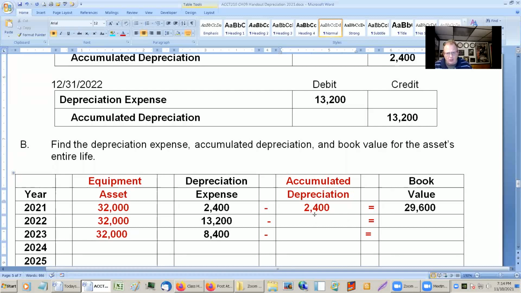Okay, accumulated depreciation in year 2 would be 15,600.